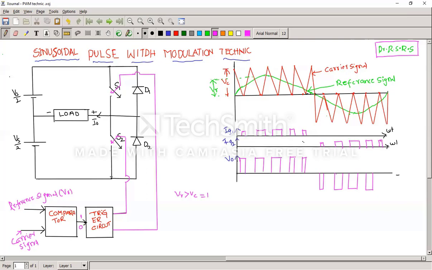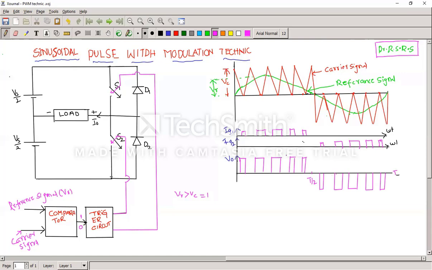Here the output voltage is minus Vs by 2. Again here, this is one interval, half cycle. This is T by 2. This is T.